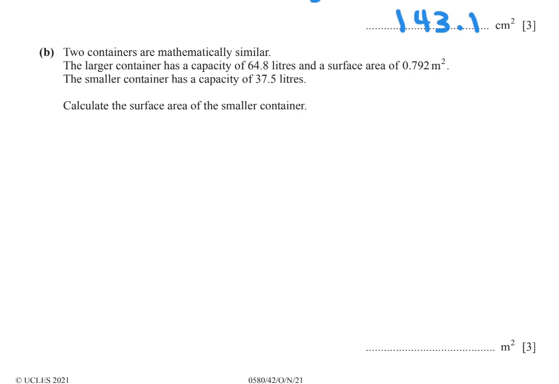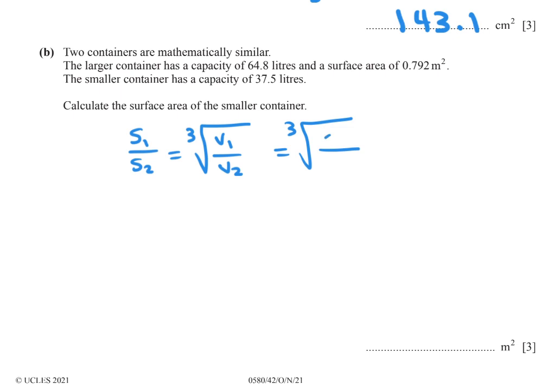From the volumes, we can deduce the ratio between the sides. Side 1 over side 2 equals the cube root of V1 over V2. So equals the cube root of 64.8 over 37.5, which equals 6 over 5 as a fraction.